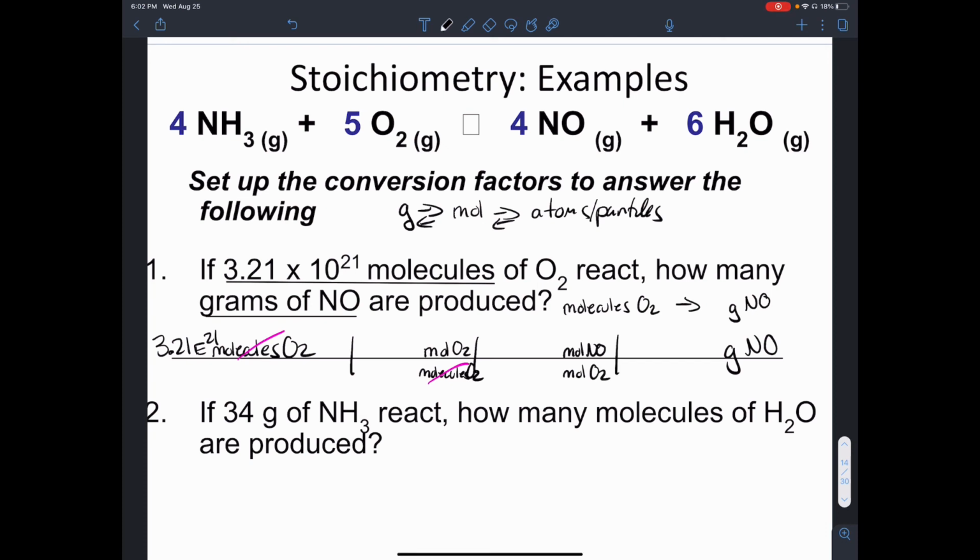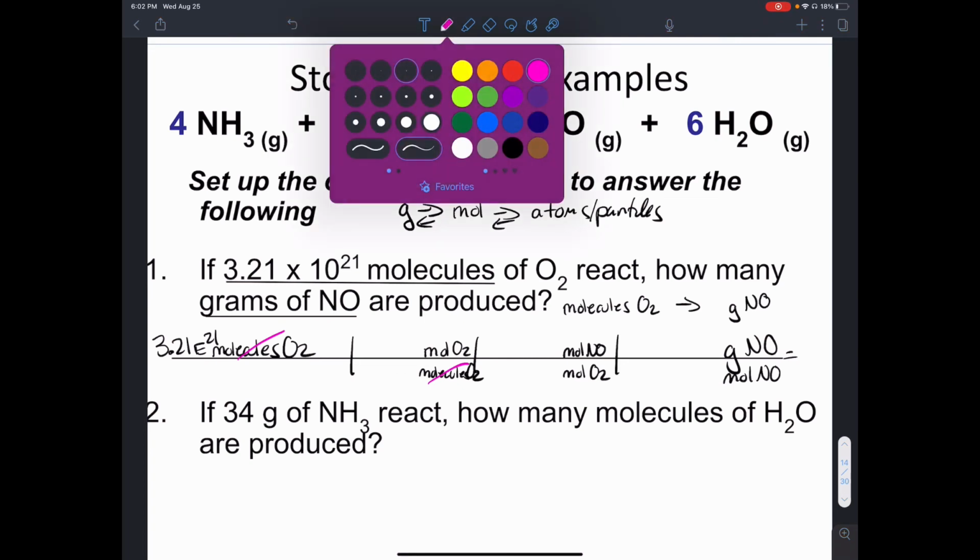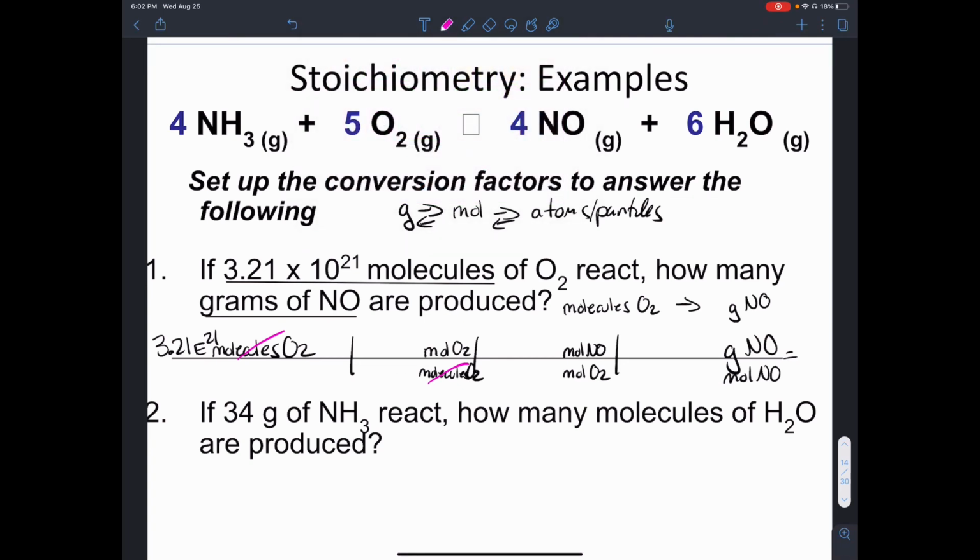And then finally, grams of nitrogen monoxide when you cancel moles. This is our plan. Let's go back over the units and see how they will cancel. Moles is in the numerator and denominator. Moles of nitrogen monoxide will also cancel, and I'll be left with the unit that I want.